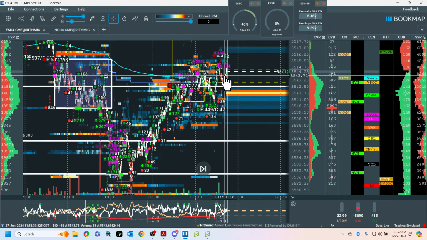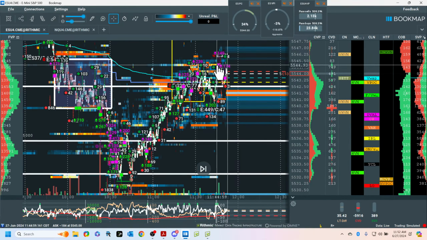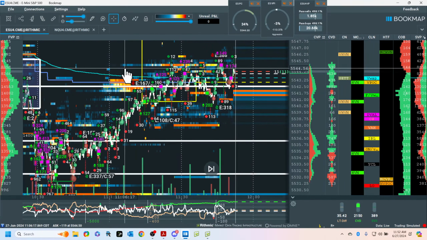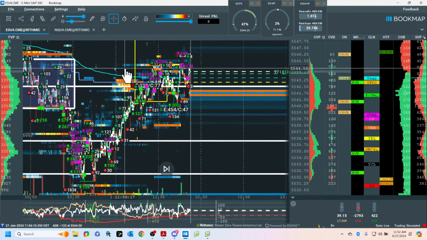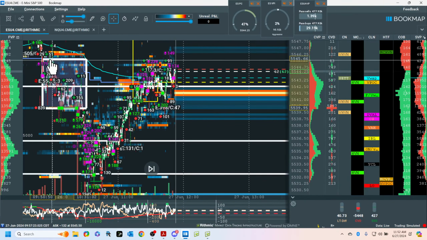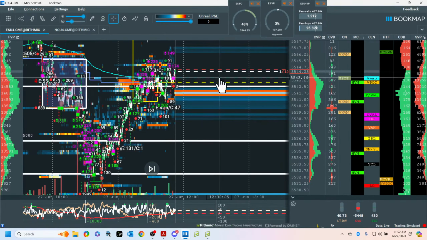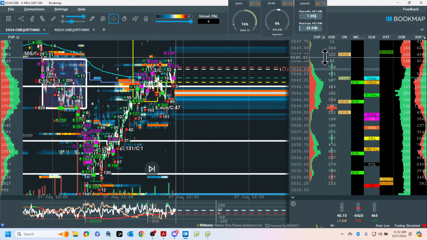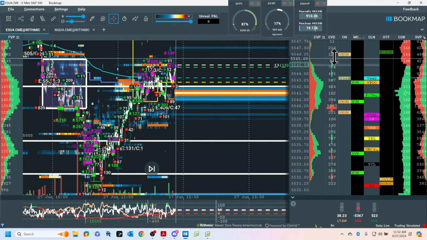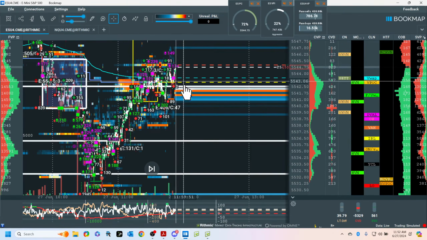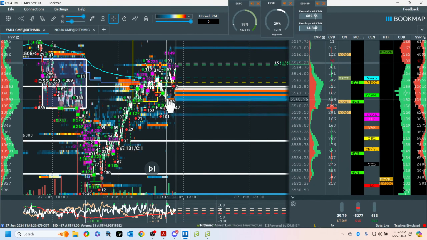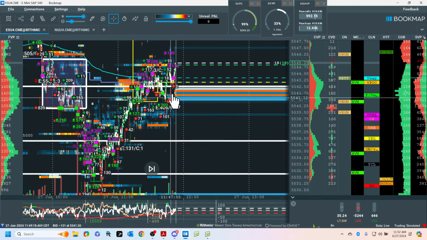Resistance, got to clear. Get above, where's my stops? Let's go back. You've got to always look left, this swing. Where's it aligned with? This. What's my target? This. Notwithstanding the range. Is everybody following? This is TraderLab trading.